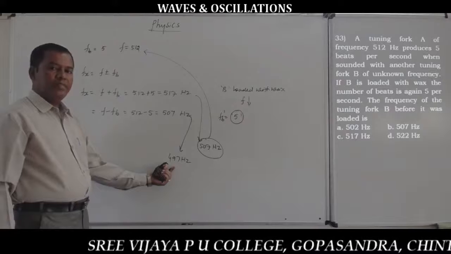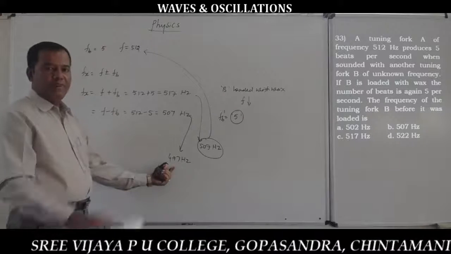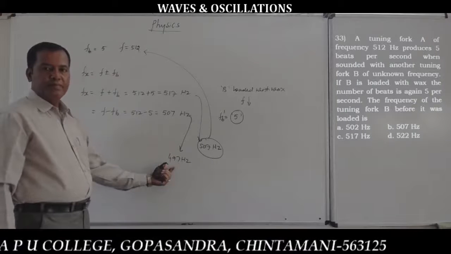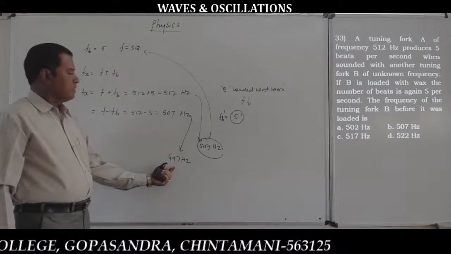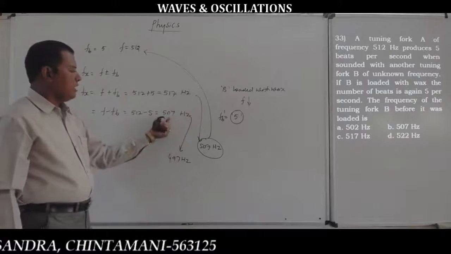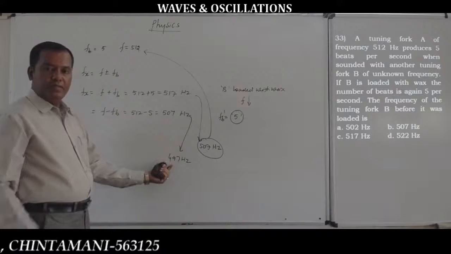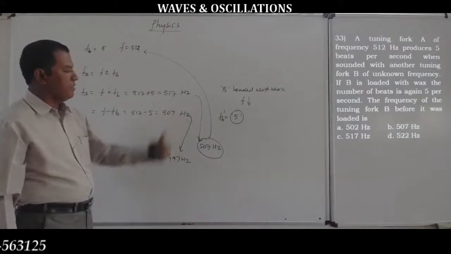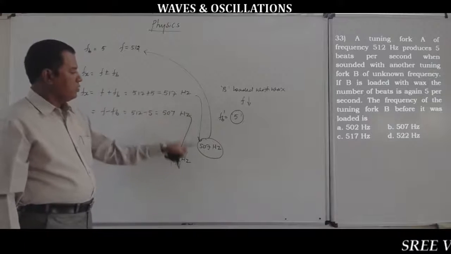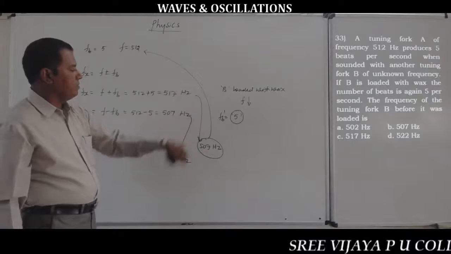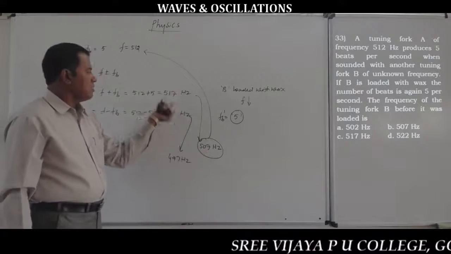Why I have taken a difference of 10 is because first there is beat frequency 5, second case also beat frequency 5. 507, 497. After loading with wax, if this value is considered, its frequency should decrease to 497. But when you take the difference, you won't match 5. But if you take 507 and 512, automatically you get 5. This is after loading, this is before loading.